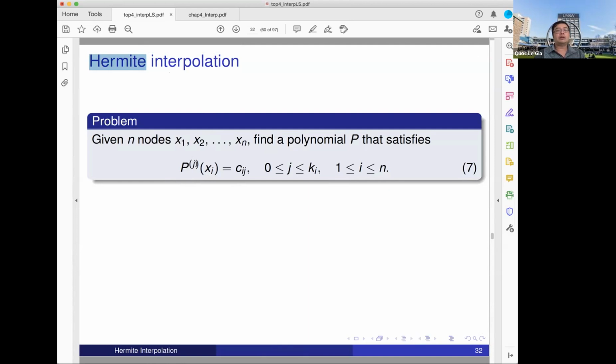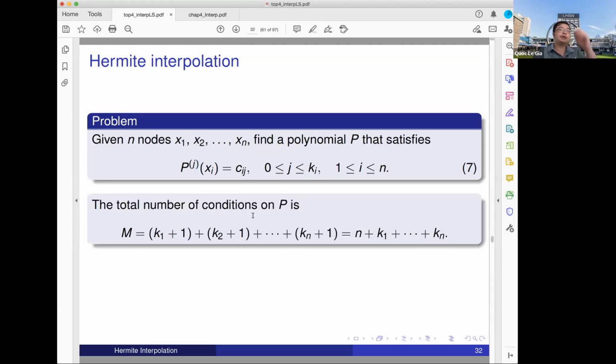And now in this case, not only the values but the derivatives are given as well. So the j here is just a derivative from order 0 to order ki. The total number of conditions on P will be n plus k1 up to kn, where ki is the number of derivatives you have for each point.